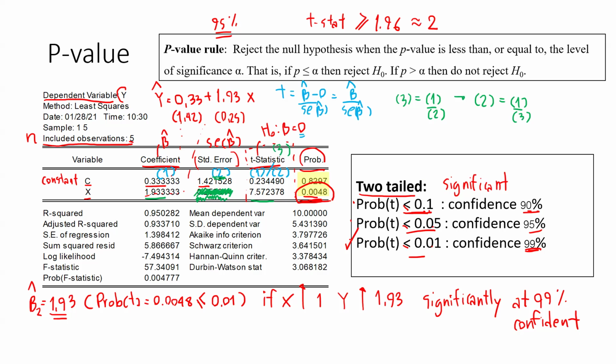I think I already provided you a homework as well, so you can practice how to do the hypothesis testing. Next week I will give you the homework solution. So make sure that you try it first, and then we will work together again next week before we start the next chapter.